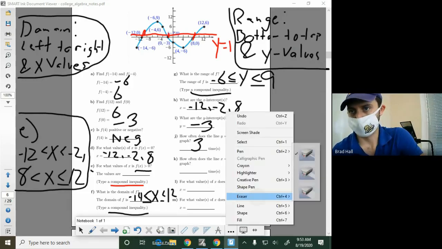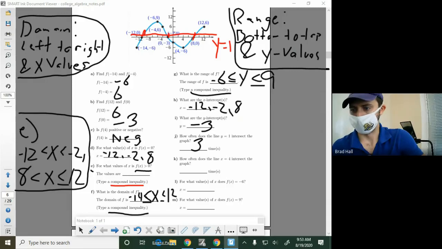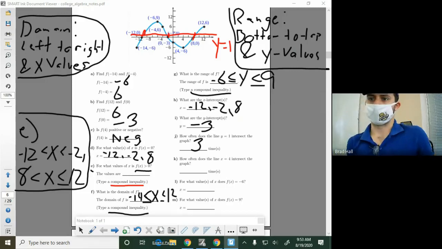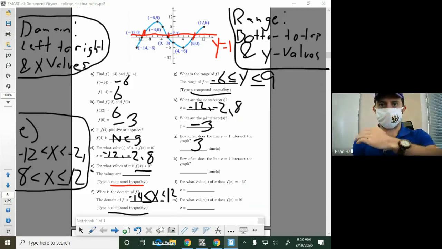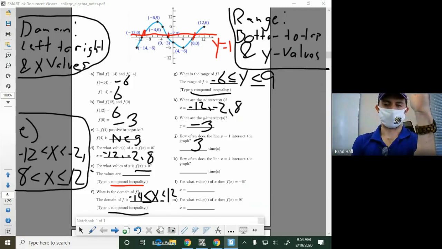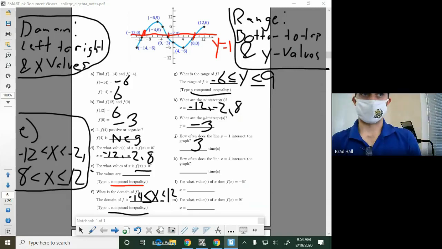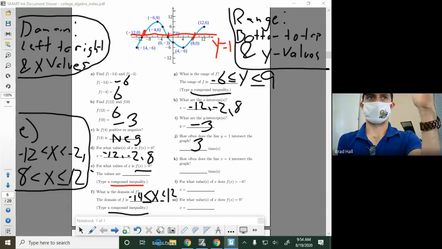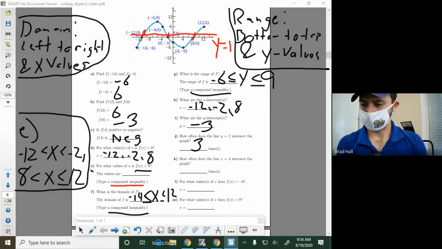So naturally, we extend this to, what about the line x is equal to 4? The x-axis is the horizontal line, but x is equal to 4 is going to be a vertical line. In fact, it's vertical and it passes through, guess what? x is 4.